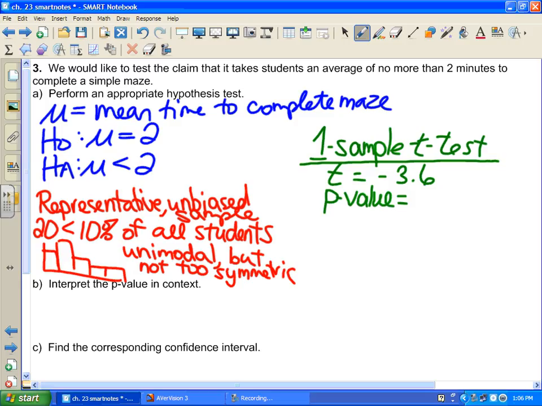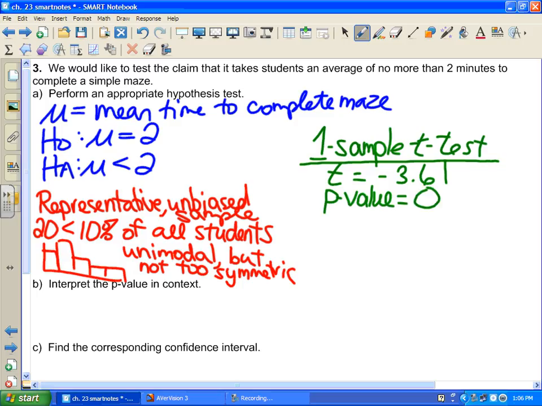Okay, so I got that the t is negative 3.61. Anyone else get that? What did you get for the p-value? 9.35 to the negative fourth, so that would be 0.0009 if you want to write a decimal, or you could just put 0.